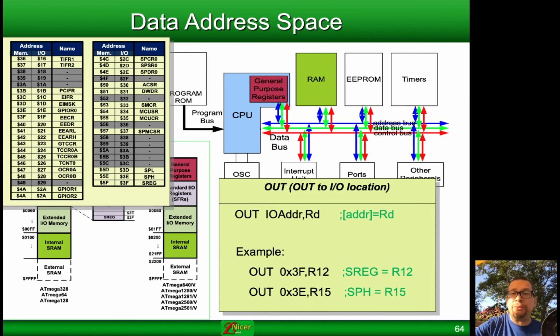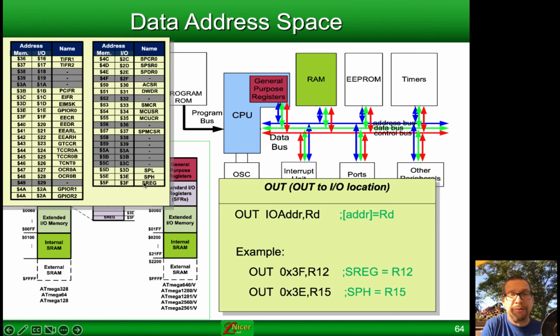Next, say we want to move data out. So we want to place it in those locations. So we say out, IO address, comma, and the register we're taking the information from. So IO address is the receiving address, and the Rr is the taking address. So we say, for instance, if we want to take the contents of R12 and place it in the status register, we would say out 0x3f.